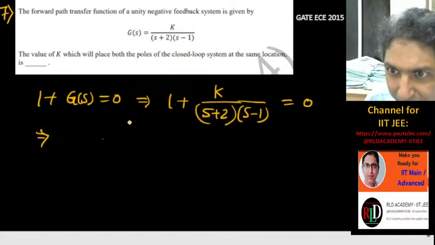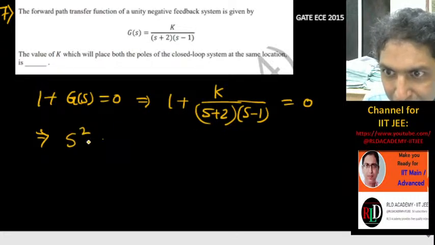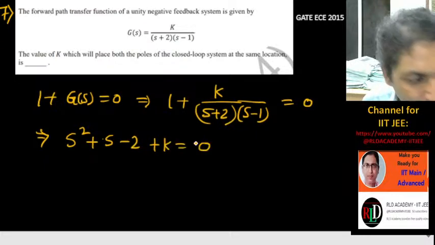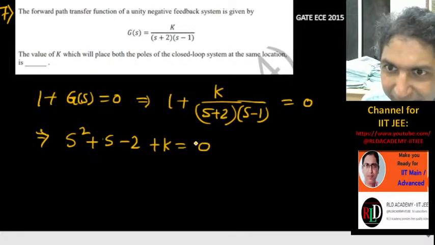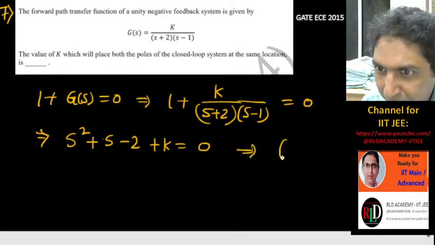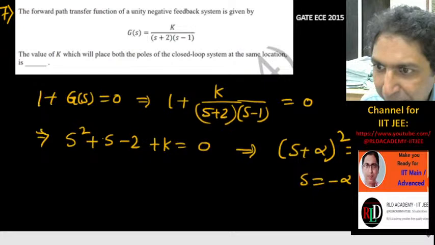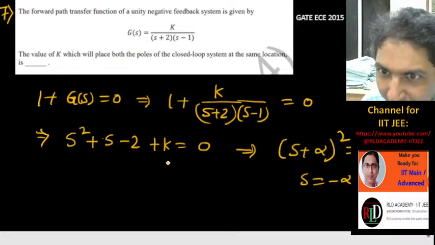So what you will get is s square plus s minus 2 plus K equals 0. It says both poles should be at the same location, meaning a square form, of the form (s plus alpha) whole square equals 0. Then the solution will be s equals minus alpha and again minus alpha. Can I make it a square? That is the required condition.